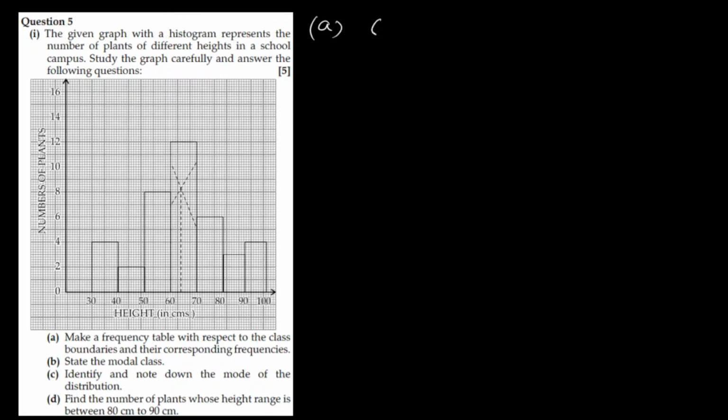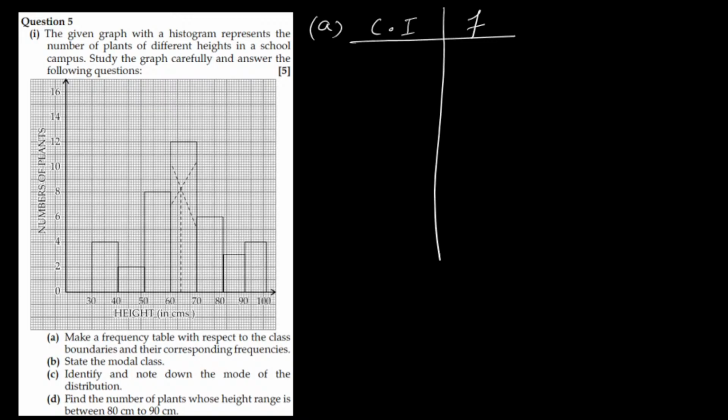In a frequency table we have class intervals and frequencies. So what should be the class interval? From where the graph is starting, that should be our first lower limit.